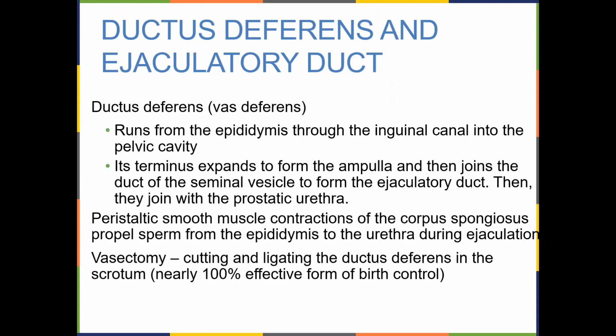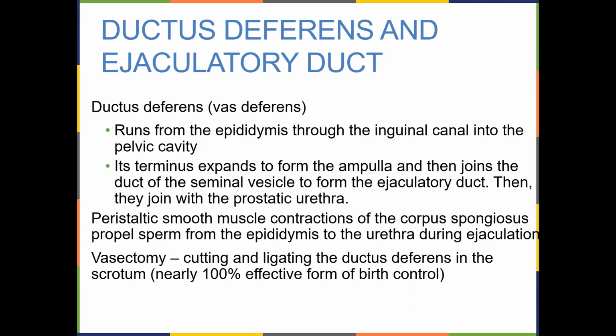Now, the ejaculatory duct and the vas deferens. The vas deferens comes together with the seminal vesicles to form the ejaculatory duct. The ejaculatory duct then merges with the urethra in the prostate.